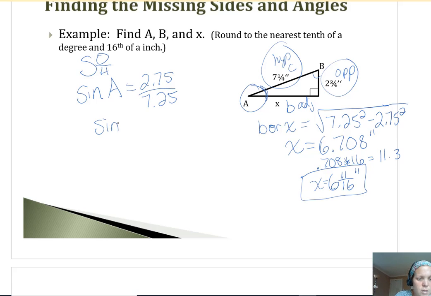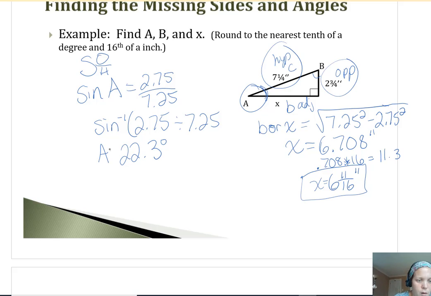This is where I do second sine to get that inverse: 2.75 divided by 7.25. To the nearest tenth of a degree, that's 22.3.